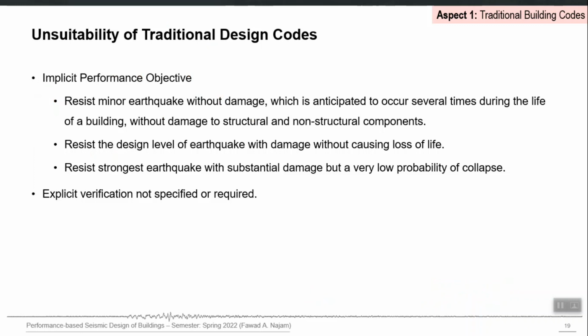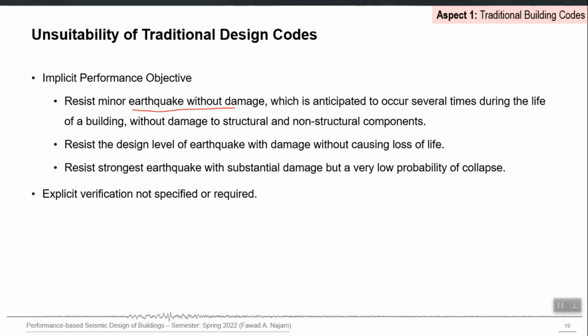behind the traditional building codes is that if a minor earthquake occurs, the structure will have minor damage, and a minor earthquake can occur several times during the design life of the building. A minor earthquake is a frequent earthquake, and obviously a severe earthquake is a rare earthquake; it is not that frequent.